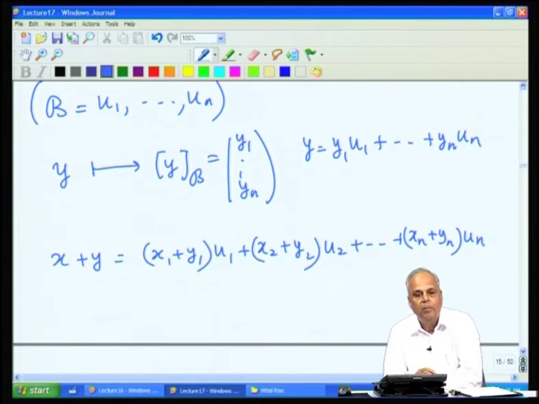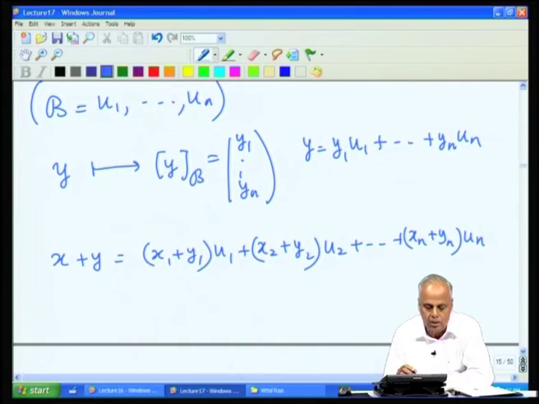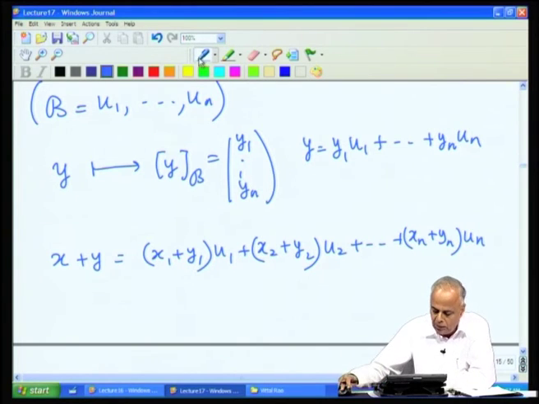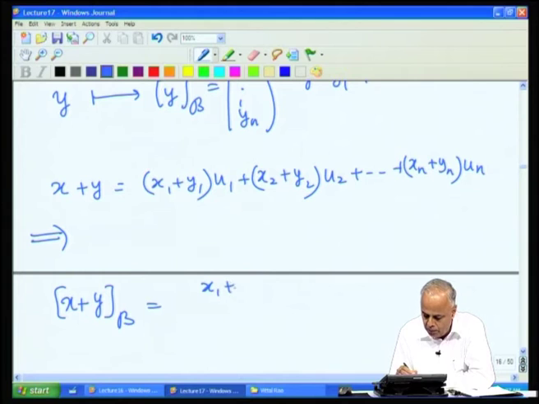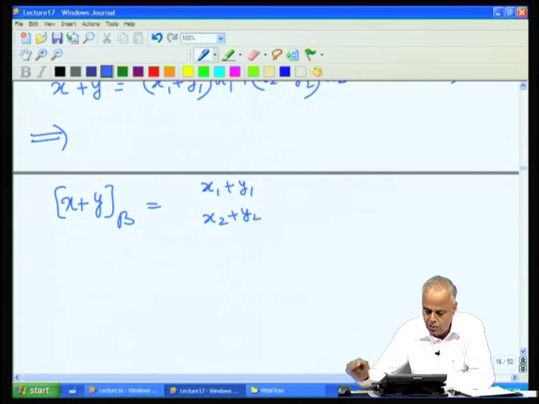That means we have represented the vector x plus y as a linear combination of u1, u2, ..., un. The moment we represent it as a linear combination, the coefficients are what determine the digitization. So, the representation of x plus y must be x1 plus y1, x2 plus y2, and so on up to xn plus yn.